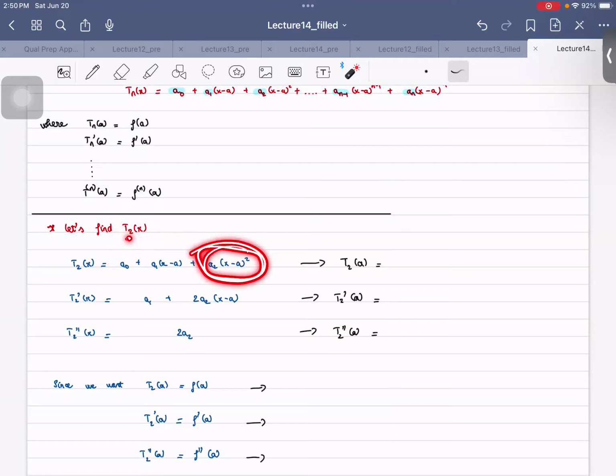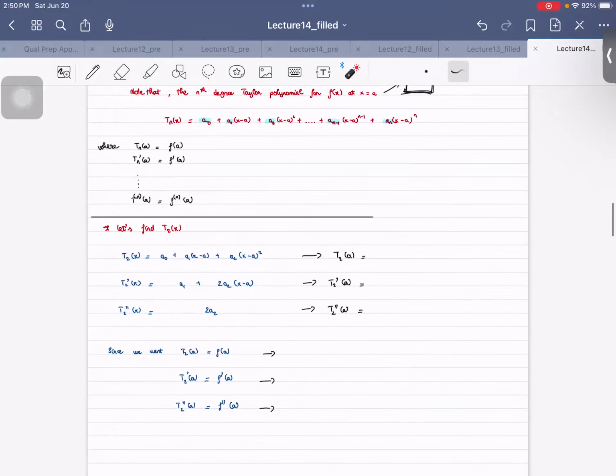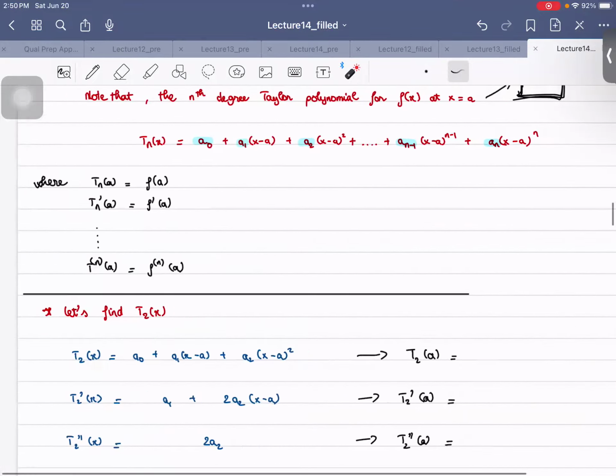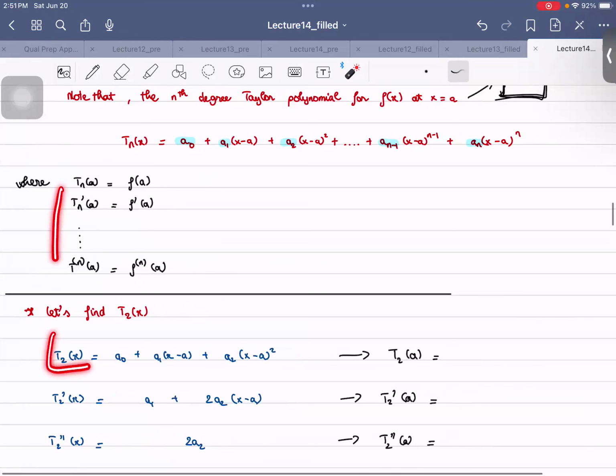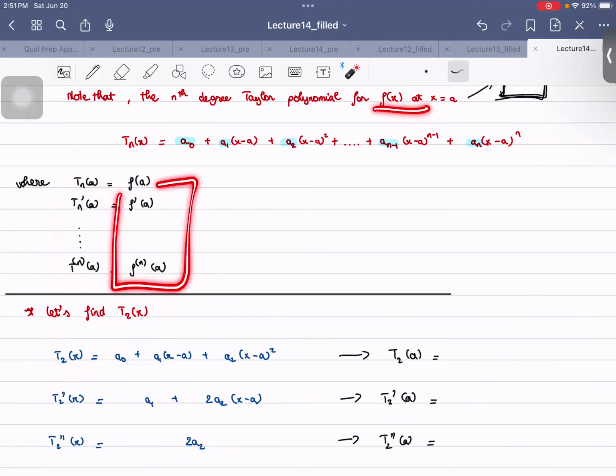This one is good enough, and I stop here. You can add more terms, but we just want to write out the second order approximation, so I just stop when I have x minus a to the power of 2. Remember that your approximation should carry the information of your original function in terms of derivative.